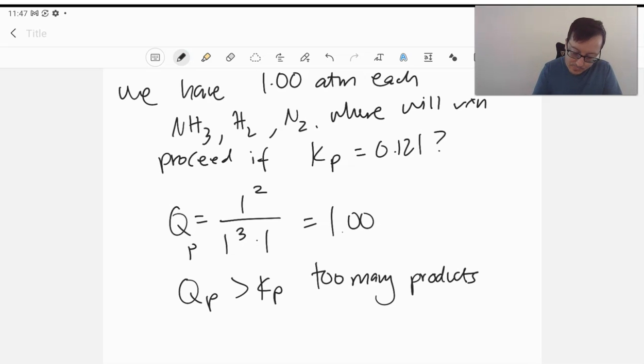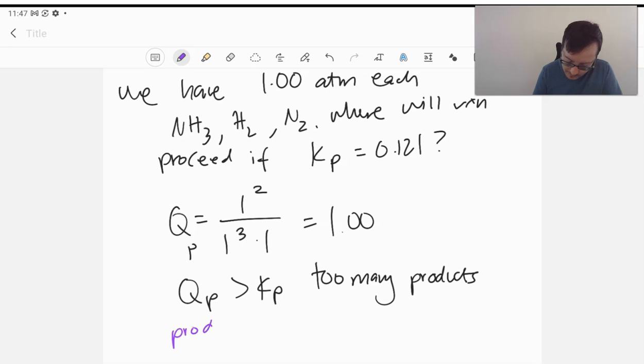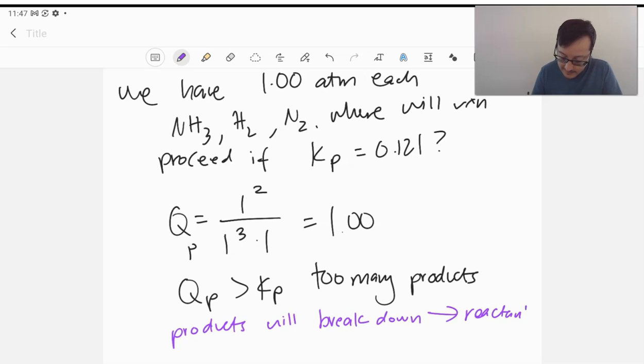And that means that products will break down to form reactants. So in this case, the ammonia will start breaking down in order to form more hydrogen and nitrogen. This is what happens when Q is bigger than K.